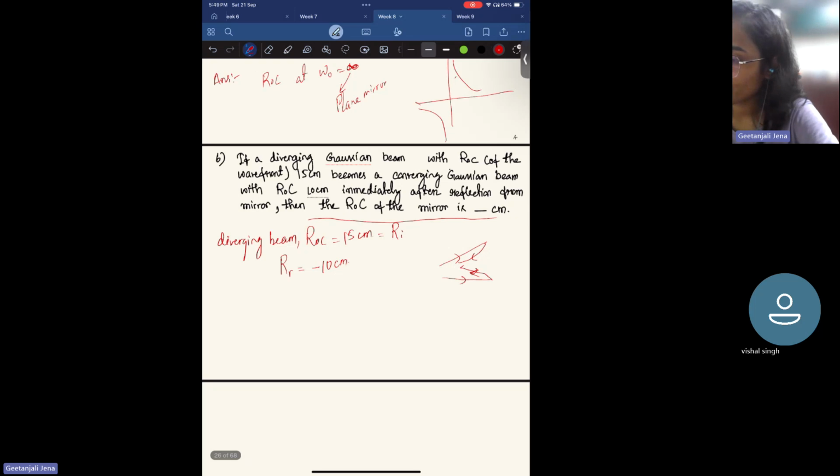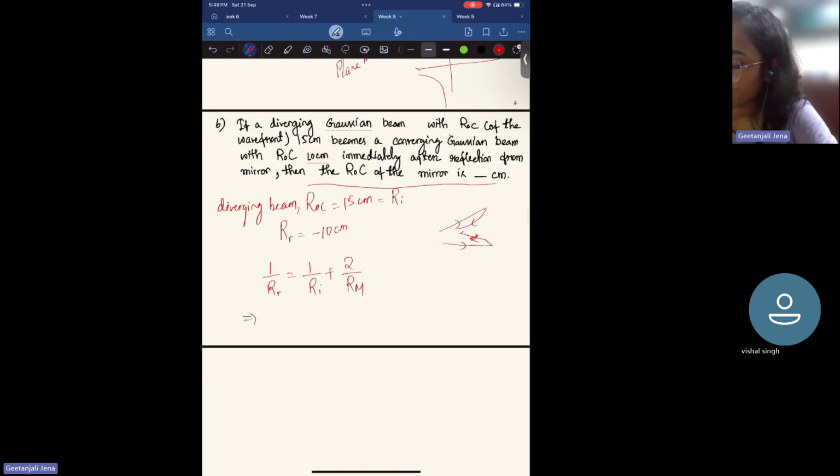So if you recall the formula, 1 by Rr is given by 1 by Ri plus 2 by Rm, right? Please take care of the signs. The sign will be crucial because you can easily identify what type of mirror is used in the system.